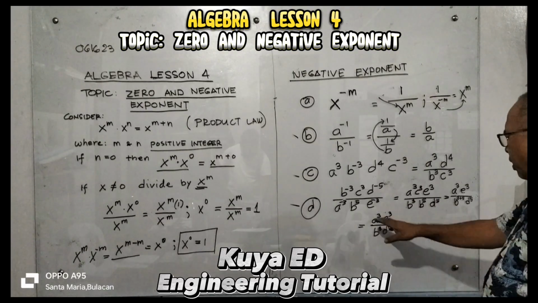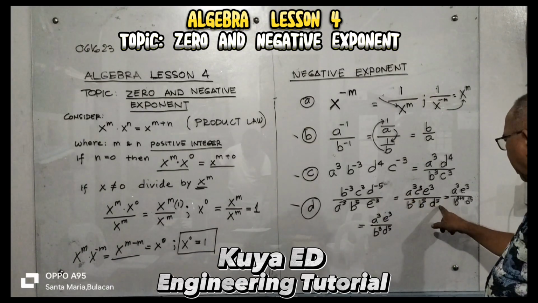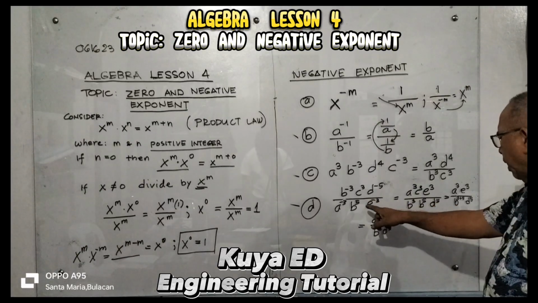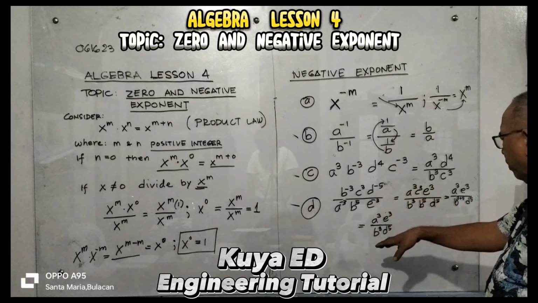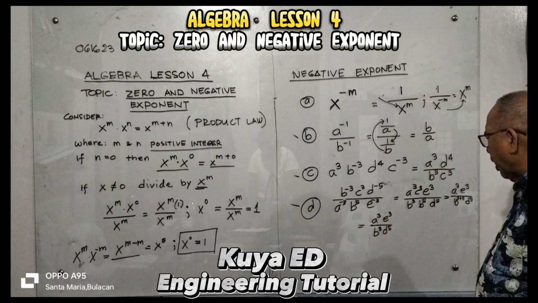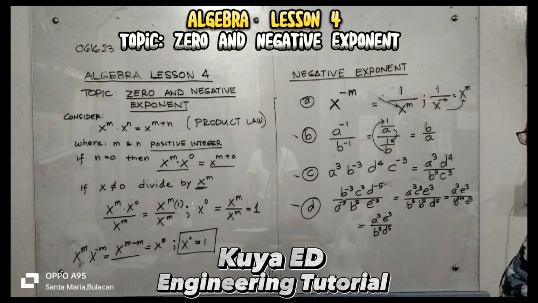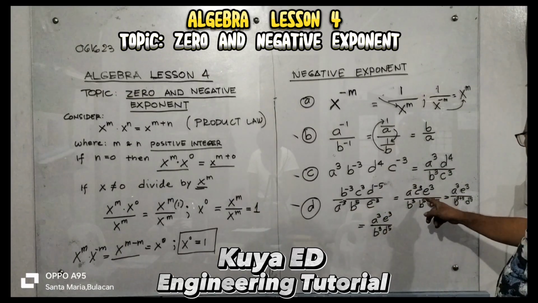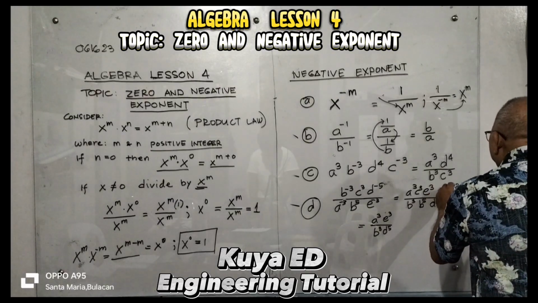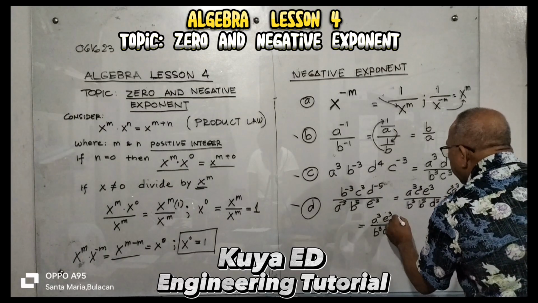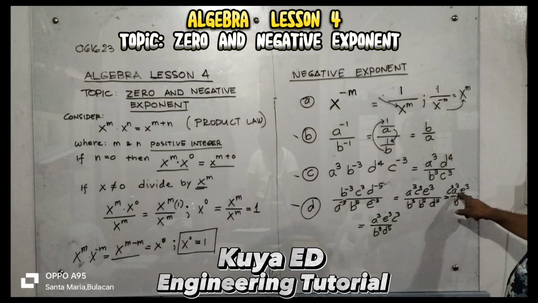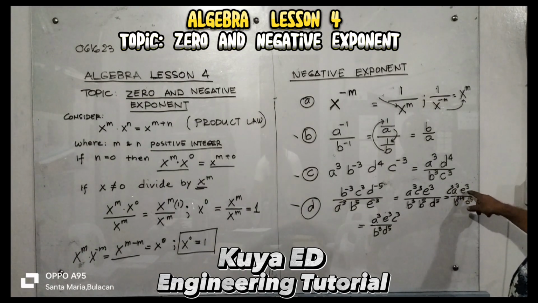So, nakababa na ang D, nakababa na ang B cube, nakababa na ang lahat na negative, at nakataas na rin ang lahat ng negative dito sa denominator. So, therefore, kung ating titingnan to, meron pa dito, C cube. Saka dito, C cube. Okay. So, C cube, A cube, E cube.